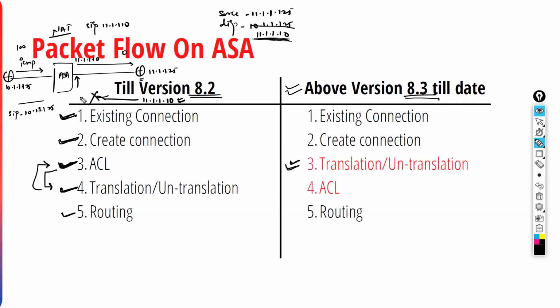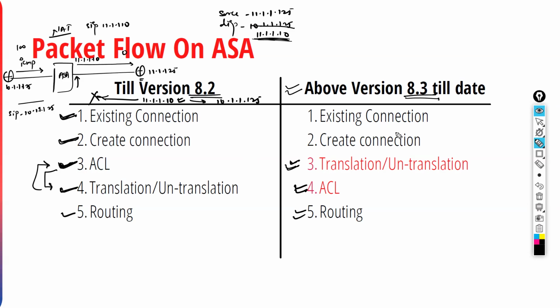The ASA will find the entry in the translation table and translate it back to 10.11.125. And after that, it can apply the ACL and take the routing decision. Got the differences between version 8.2 and the newer packet flow? Yes or no?